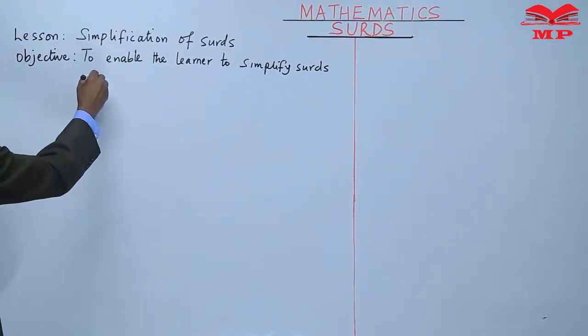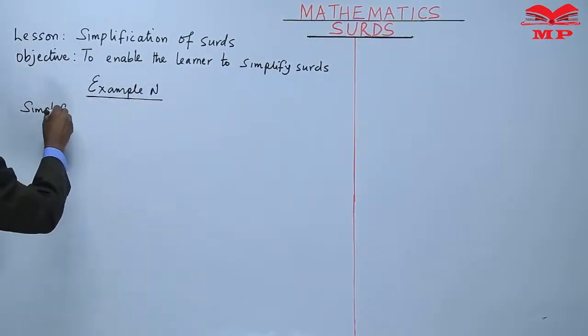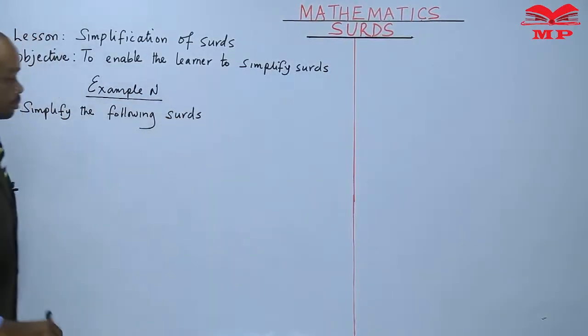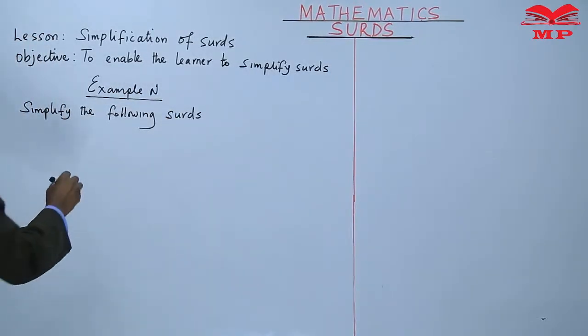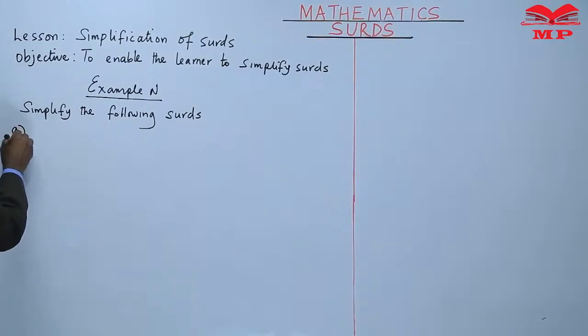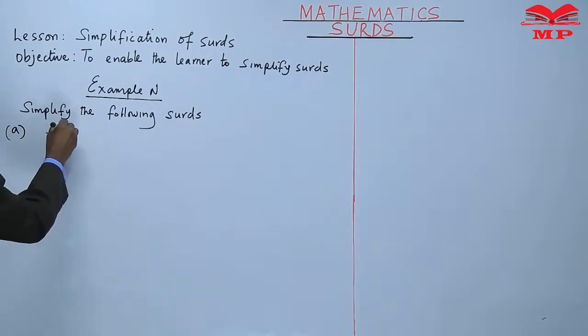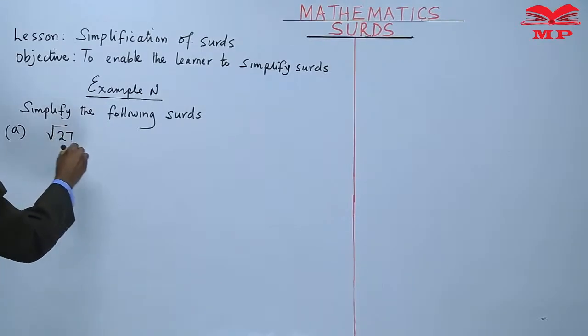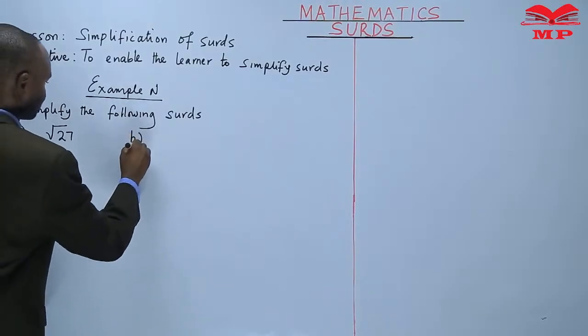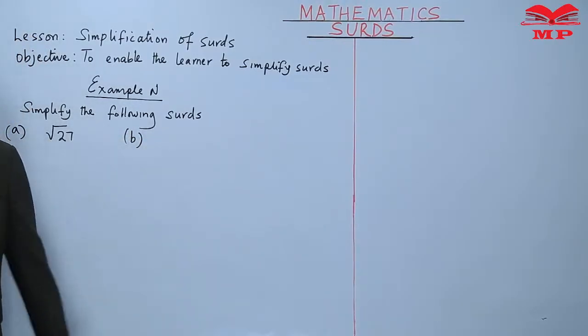In this example, simplify the following surds. A, square root of 27. B, we have square root of 72.